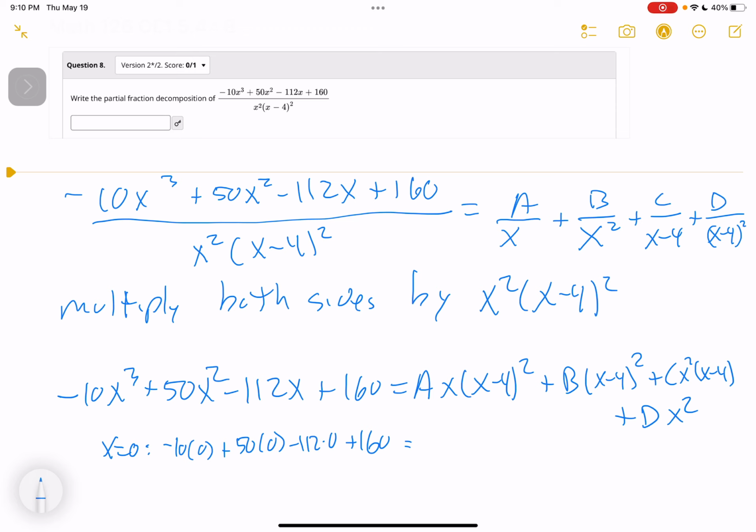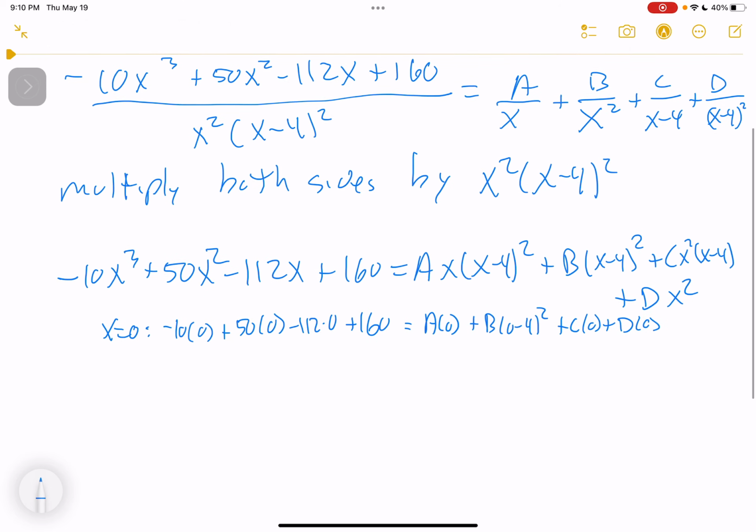On the right, it's a times 0 plus b times 0 minus 4 squared plus c times 0 plus d times 0. So we can just say 160 equals b times negative 4 squared, that's 16b. So b must be 10.